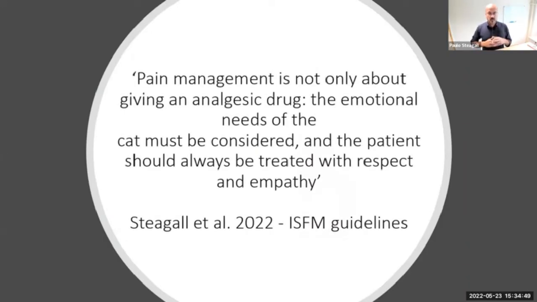I'm going to start with this sentence that was actually taken from the guidelines, because I think it speaks a lot to the concept of what we're bringing today. We discussed that pain management is not only about giving an analgesic drug. A lot of the focus in recent years was on what drug you use, what dose you give, what the frequency or route of administration is.